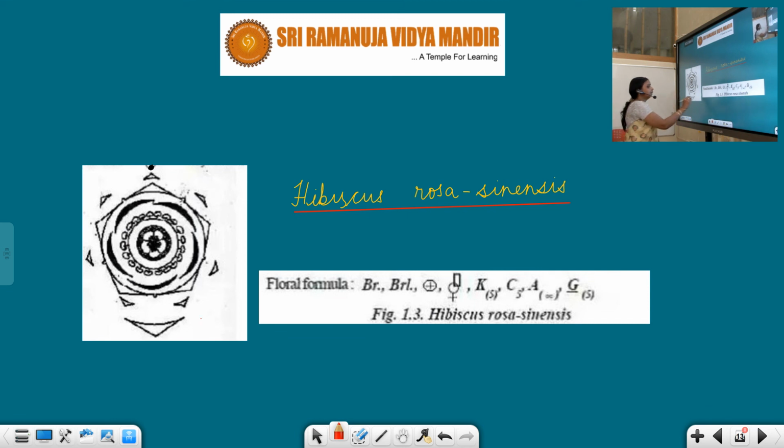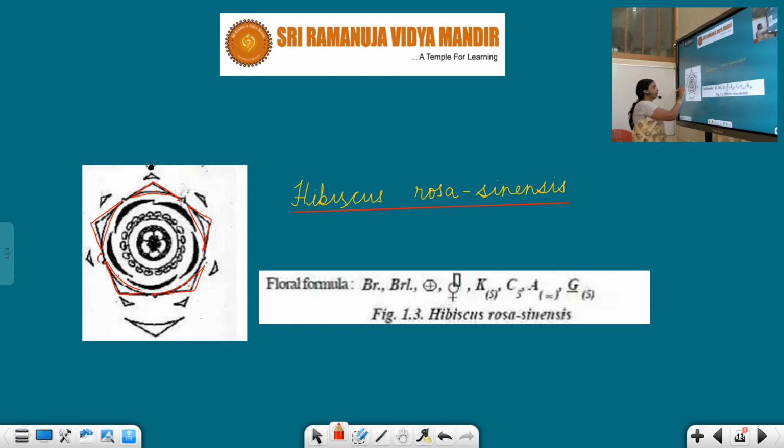And here you can see in the Hibiscus rosa-sinensis floral diagram, how many sepals are there first? The number of sepals is 1, 2, 3, 4, 5. And they are showing which estivation? Valvate estivation. This is 1 and this is 2, third one 3, fourth sepal, and this is the fifth sepal.